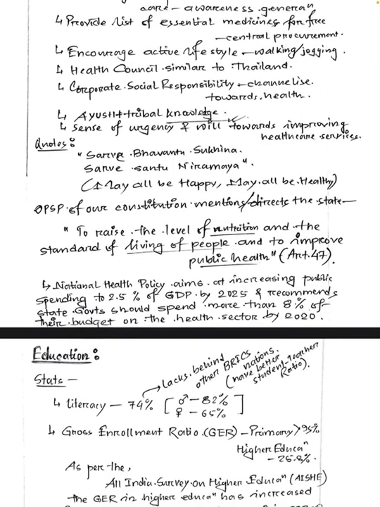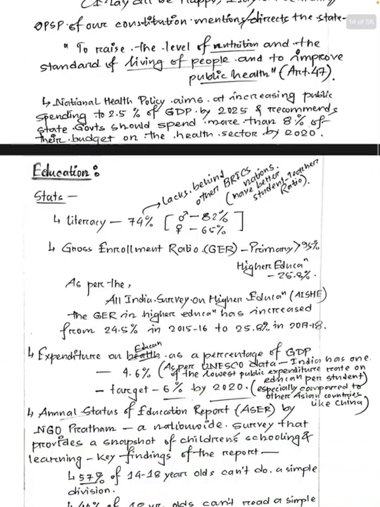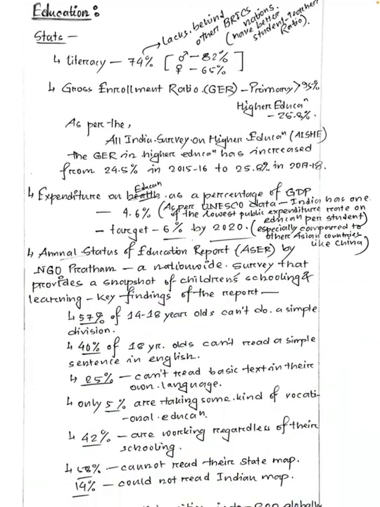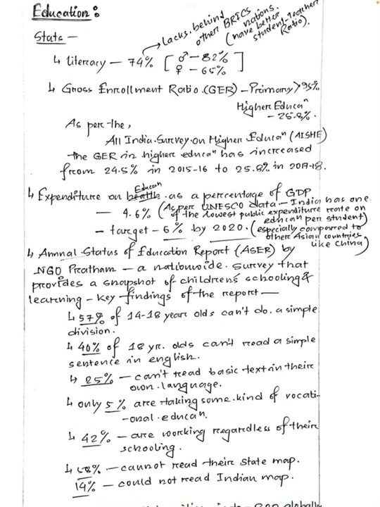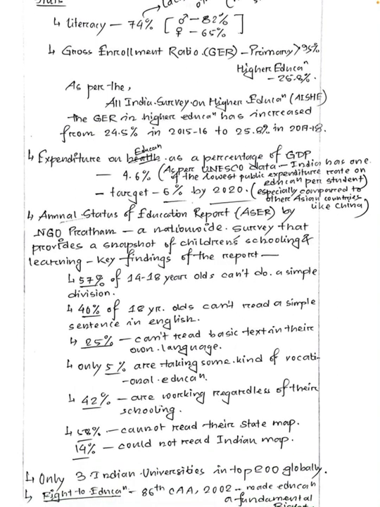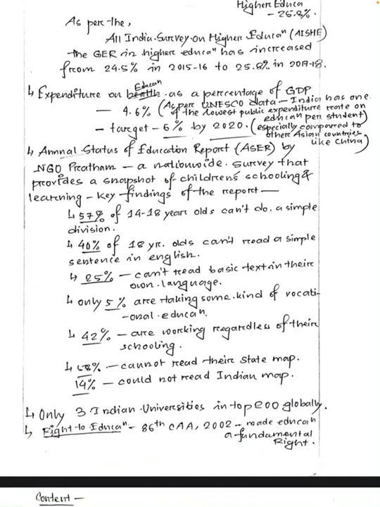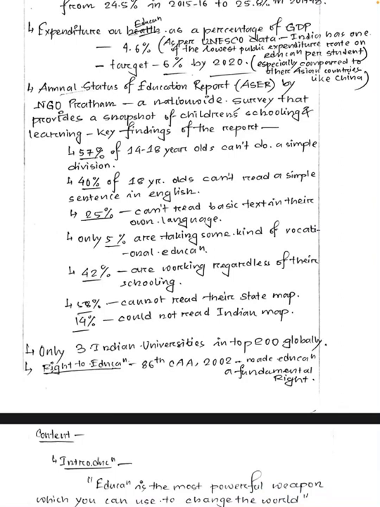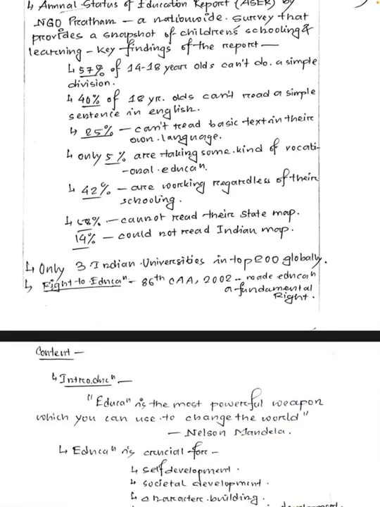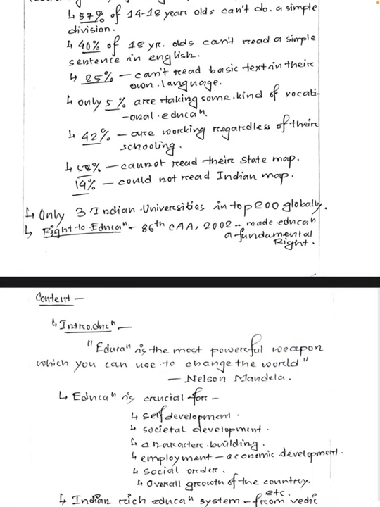Then next, education: literacy rate, gross enrollment ratio, expenditure from the budget, then the Annual Status of Education Report, what the ranks are and what the percentages are for each of the parameters.